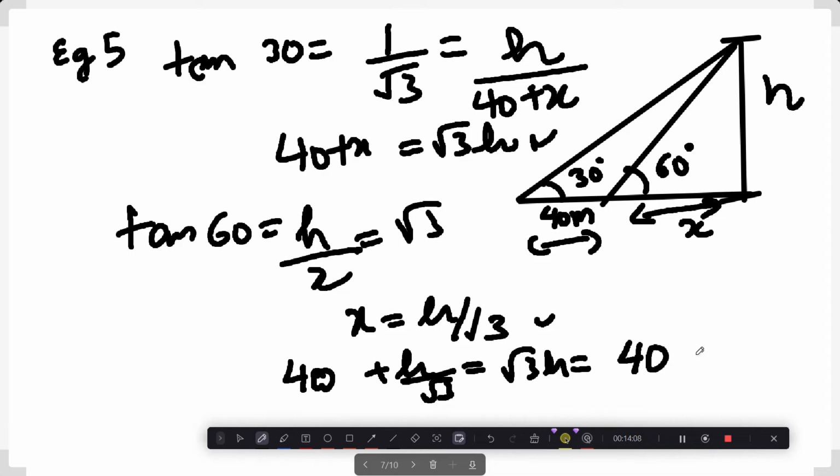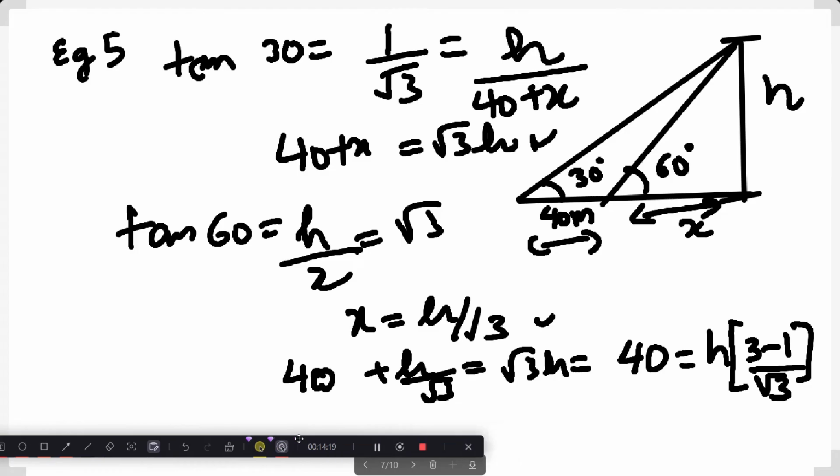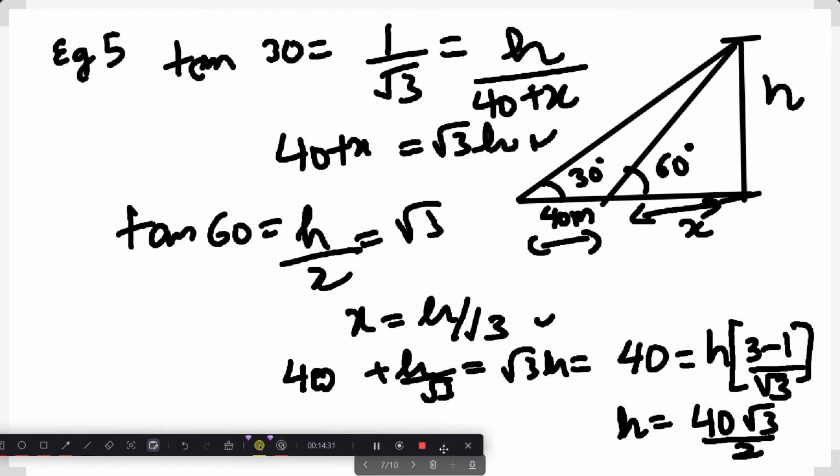So 40, right? So h is equal to 20 root 3. That's the answer. Height of the tower.